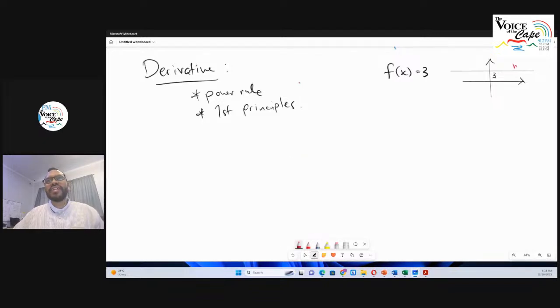The gradient of any horizontal line that is parallel to the x-axis will be 0. So in other words, when I take the power rule, I say f prime of x is equal to, remember there's an invisible x to the power of naught over there because x to the power of naught is equal to 1. And I say 0 times 3 will simply be 0. That's my derivative. And here graphically I can see it as well.